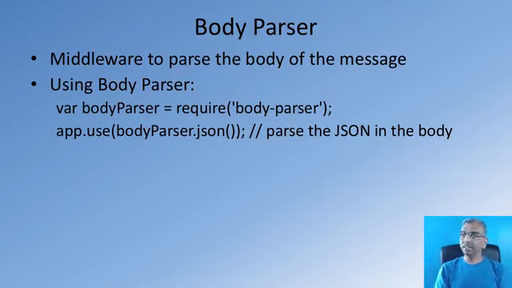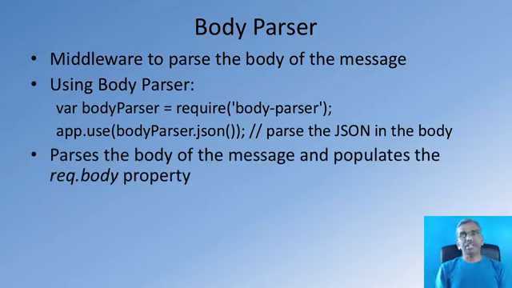In particular, in the exercise, we will be parsing incoming data which is sent in the form of a JSON string. The body parser parses the body of the message and populates the req.body property. So on the request, the body property will contain whatever is parsed from the body of the request message by the body parser.